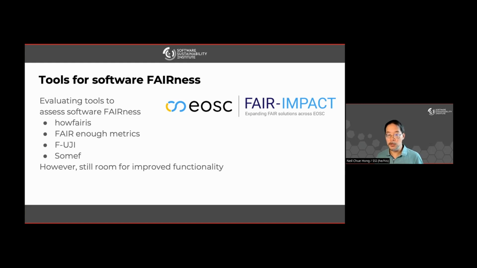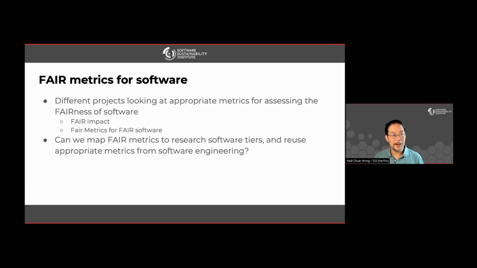But there's a lot of work going on in two EOSC projects, FAIR-IMPACT, which I'm a part of, and also FAIR-CORE for EOSC, to develop these different tools and to evaluate how usable they are themselves. So in some sense, we're looking now at the software quality of tools to measure software quality. It's all getting very meta. Anyway, I'm going to wrap up now and give some time for some questions.